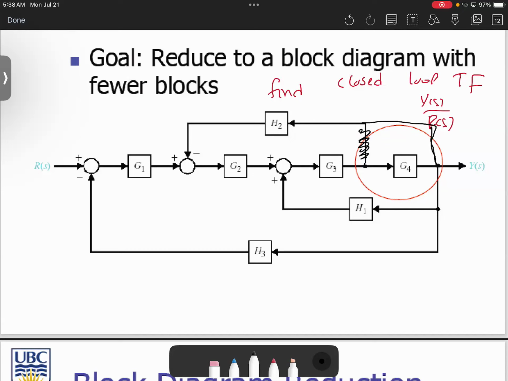I can put these two together, right? I can do a closed loop here, because this point still exists. So the target is to move this point from here to here.